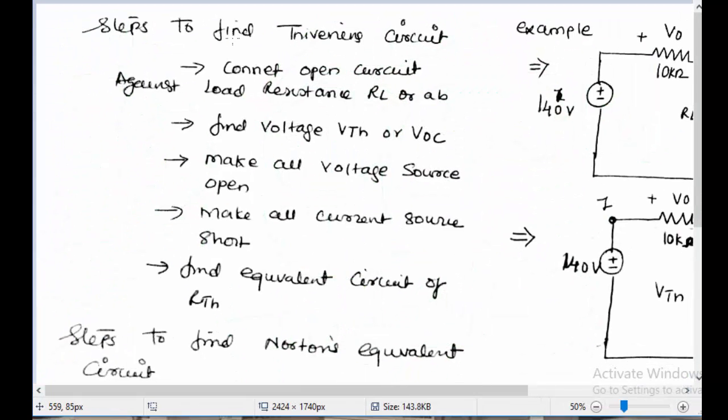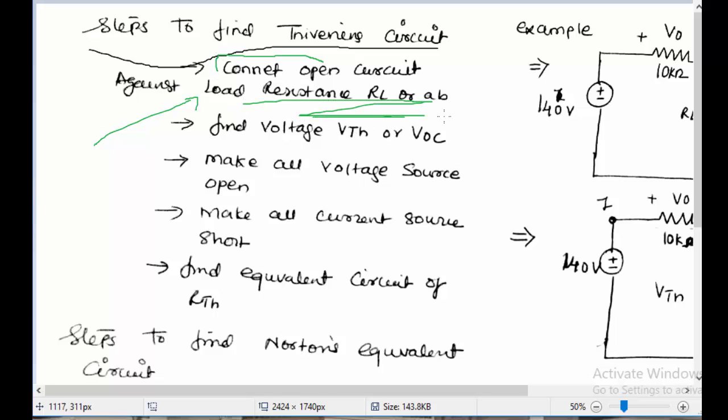Next, the different steps to solve the Thevenin circuit. The first step would be to make the load resistance open. If you want to find the current through the load resistance RL, you make this load resistance open, and then find the voltage, that is V Thevenin, the equivalent voltage or the open circuit voltage across this open.